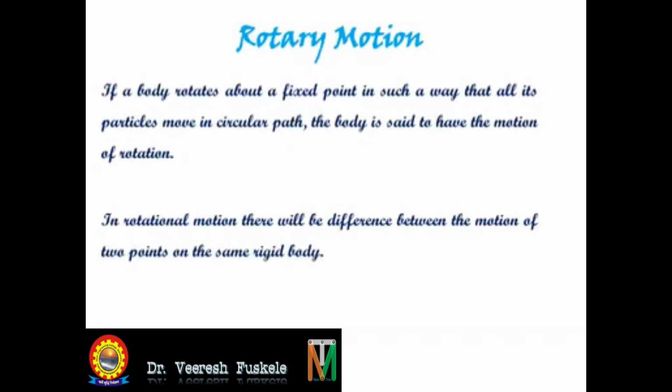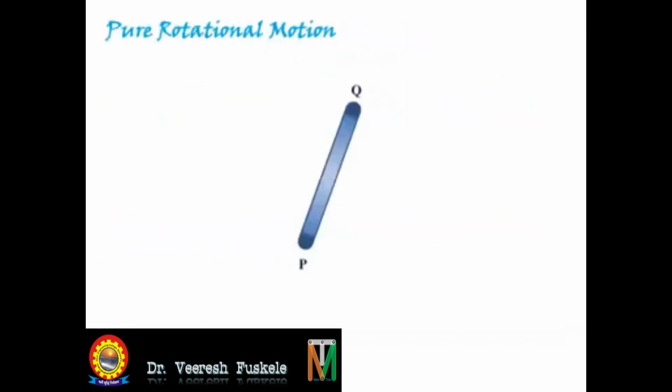We shall see that how it is. This is a link PQ which is undergoing a pure rotation motion like this. So we can see that there is a difference between the distance traveled by the particles. One of the points will be fixed.